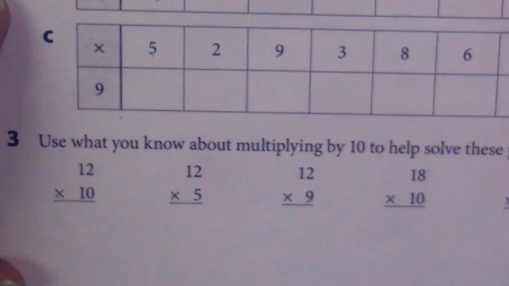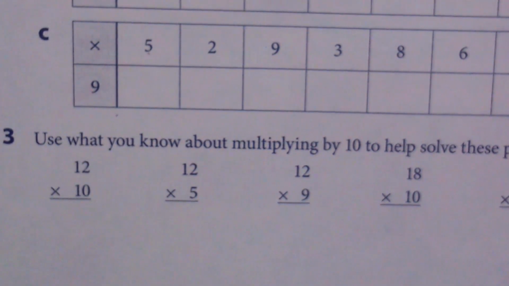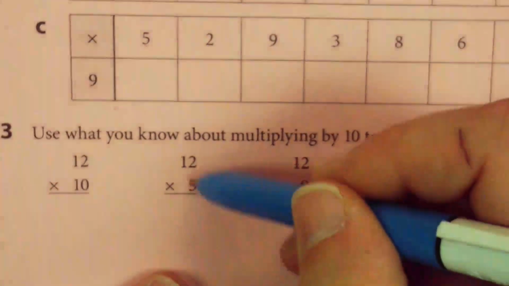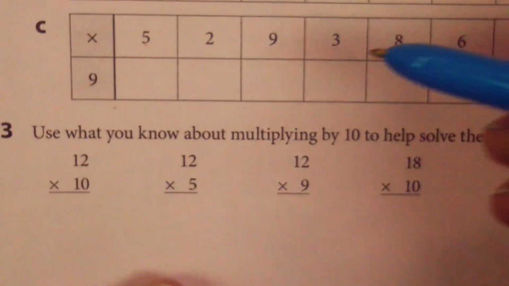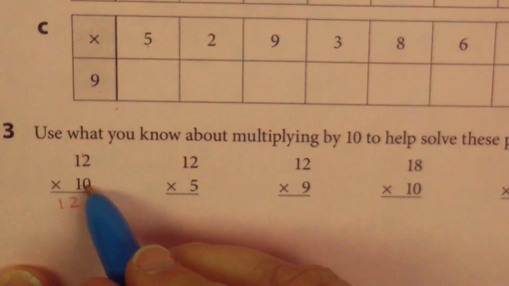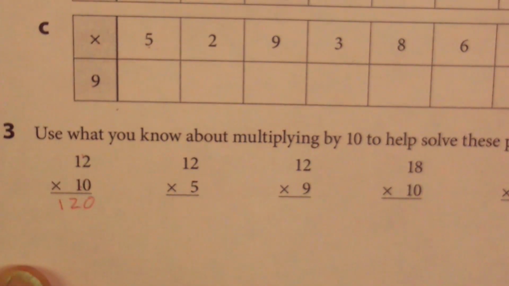Now on number 3, use what you know about multiplying by 10 to help solve these problems. So they're giving you a hint that you don't necessarily have to do the algorithm to figure these out, which we could, but we know that any number times 10 is that number with a 0 placed on the end. Okay? 12 times 10 is 120. 12 times 5 should be what?